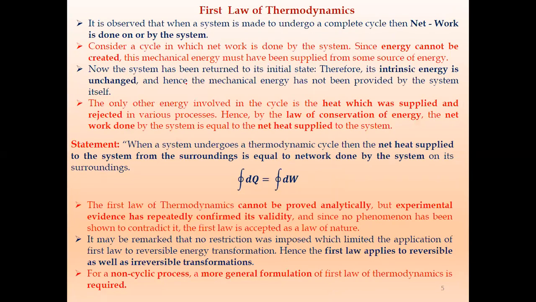Now we have the first law of thermodynamics. In the first law of thermodynamics, it is observed that when a system is made to undergo a complete cycle, for any system, then the net work done is either done by the system or done on the system.